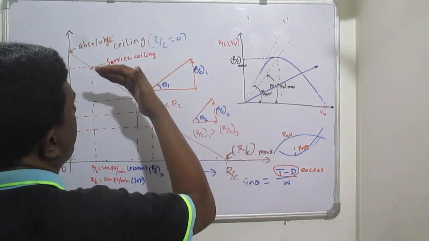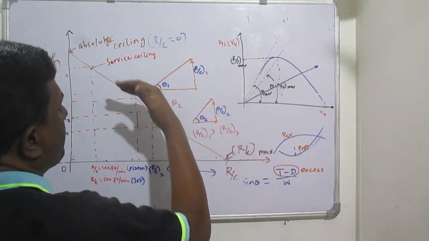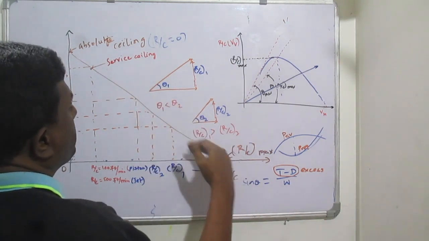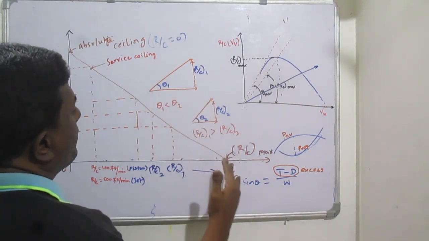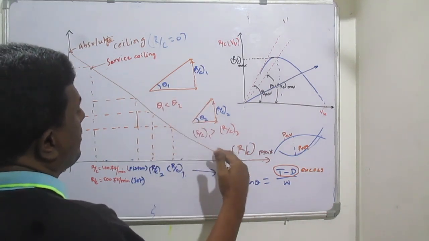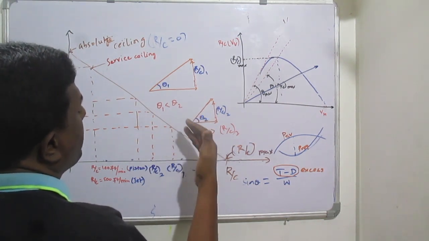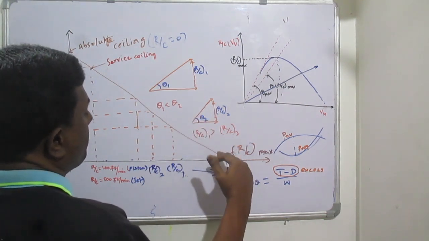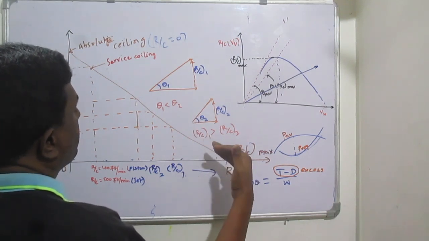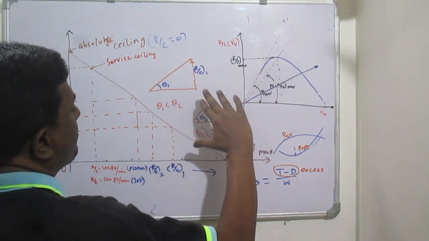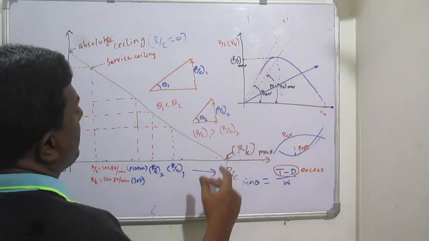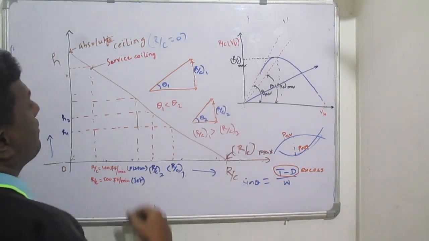Because as we fly to higher altitudes, we also have a higher climb angle, and if you are flying with a higher climb angle, obviously our rate of climb will decrease at a different altitude.